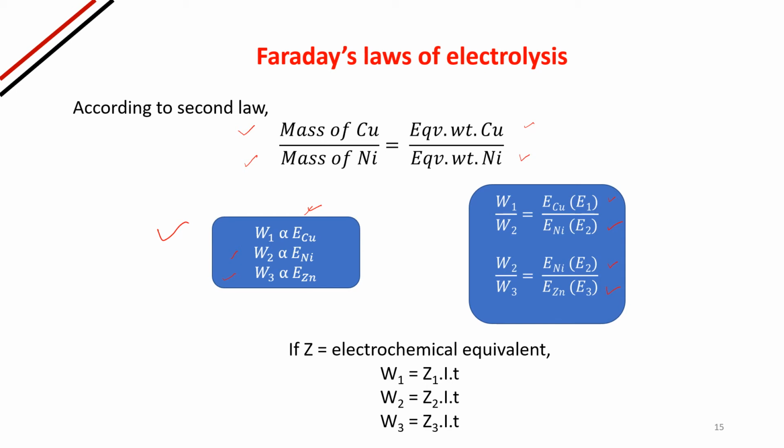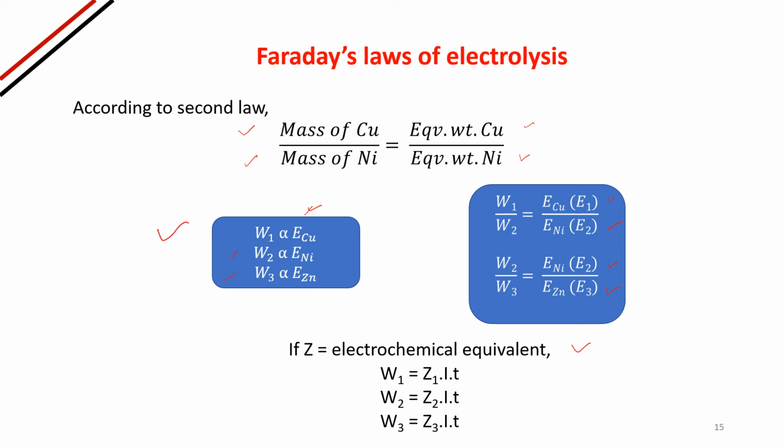If Z is the electrochemical equivalent, then we can write W1 is equal to Z1 IT, W2 is equal to Z2 IT, and W3 is equal to Z3 IT. That you can write from the first law.